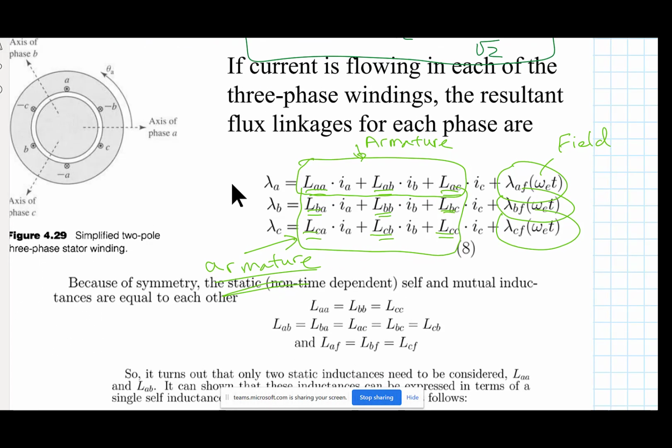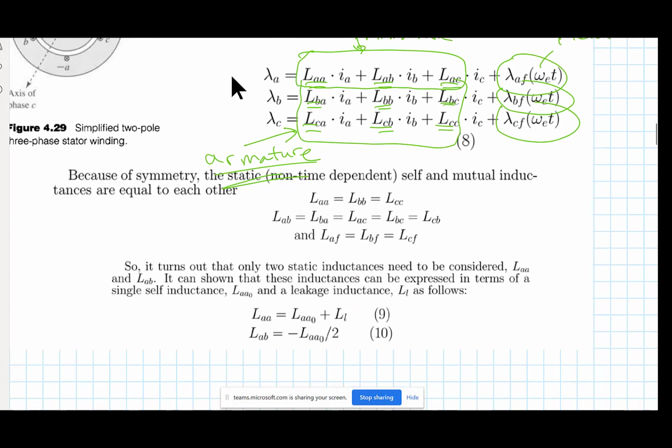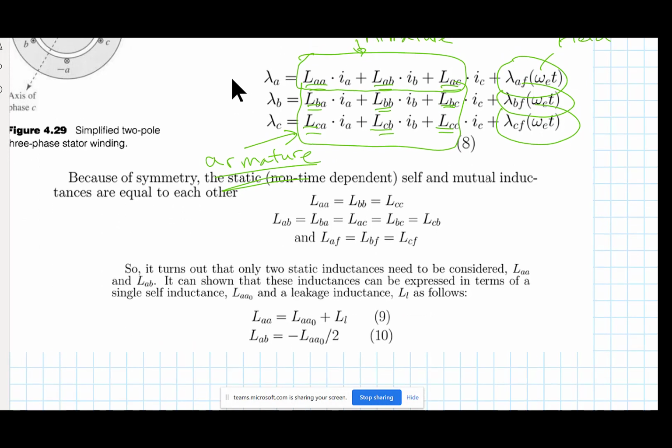So if we can actually simplify these expressions, recognizing because of the symmetry of the windings that all of the self-inductances are equal, all of the mutual inductances between the stator windings are equal, and all of the mutual inductances between stator windings and the rotor field winding are equal.